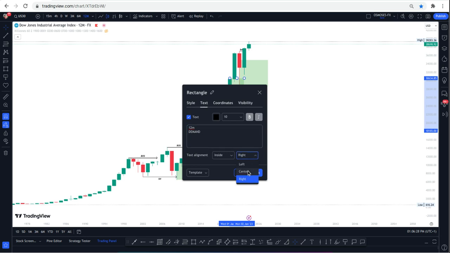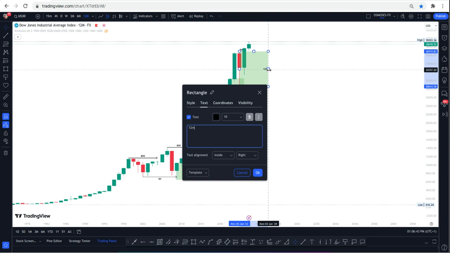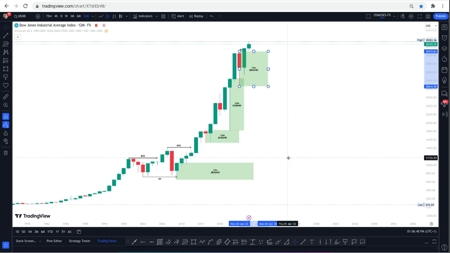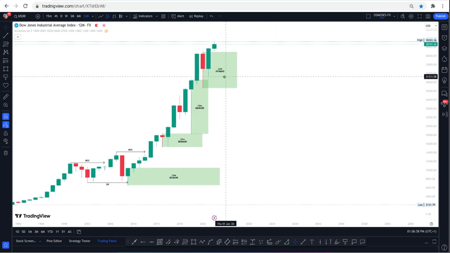So we have this as the next demand, and presently price has tapped already into the demand, and we have the next person here, which is the 12-month demand also. This 12-month demand will be our next demand.